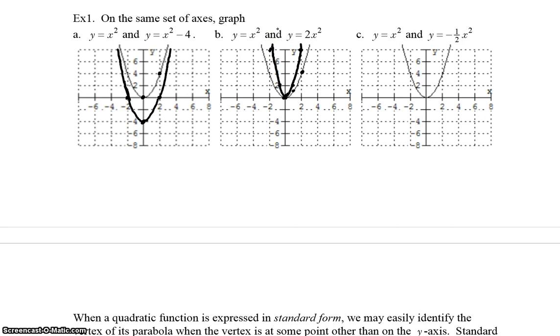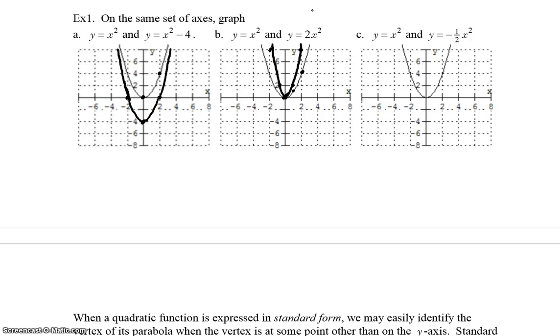And to be vertically stretched for a parabola is identical to making the parabola narrower. So this is the effect of the multiplication by 2 in front of the x squared. In this case, a is equal to 2, and that is giving you a vertical stretch, or a narrower parabola.